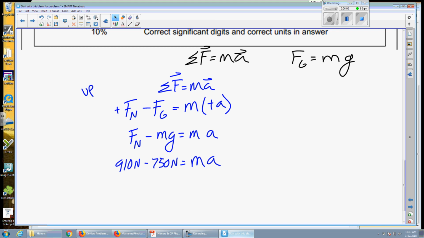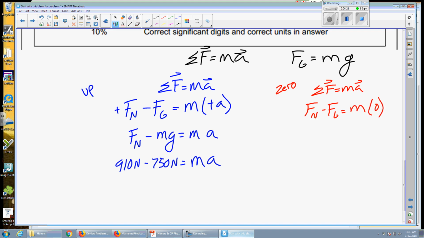Oh, I don't know that inertia yet. So maybe I should have done this one first, 0. Done it the exact same way. I had force normal minus force of gravity equals m times 0, right?